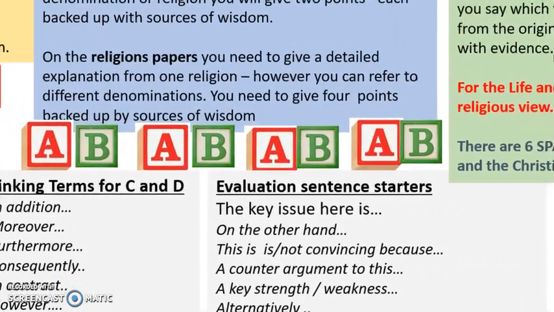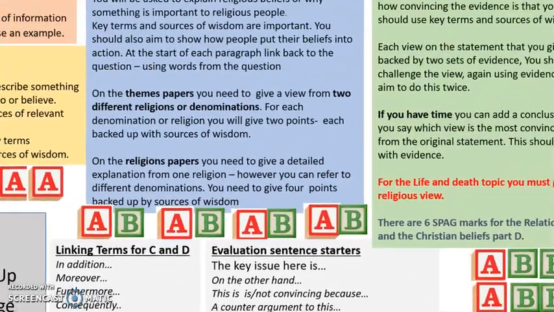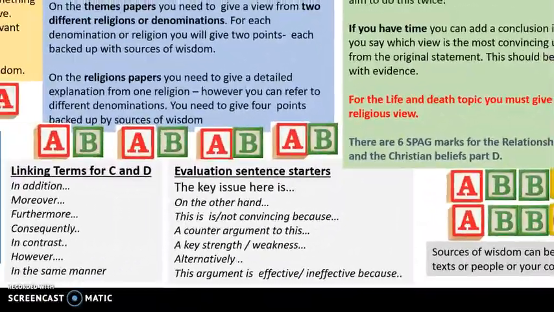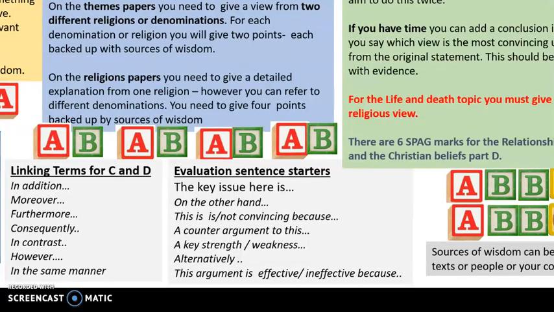Because in your Part Ds, you should be evaluating, building an argument, and talking about what is and is not convincing, these evaluative sentence starters are also handy to use. Again, at the start of your exam, write a few of them down and use them in each question.